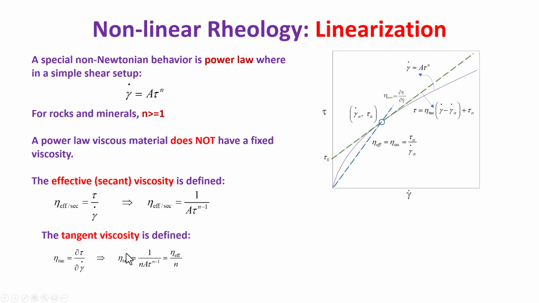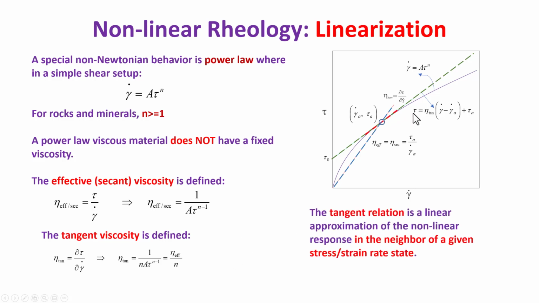So the tangent viscosity, eta tan, is the effective viscosity divided by the stress exponent. It is clear that the tangent viscosity is also not a fixed value. So if you move to another stress and strain rate state, you get another tangent viscosity.